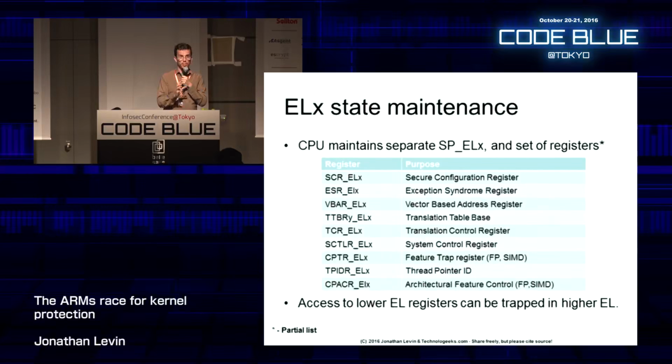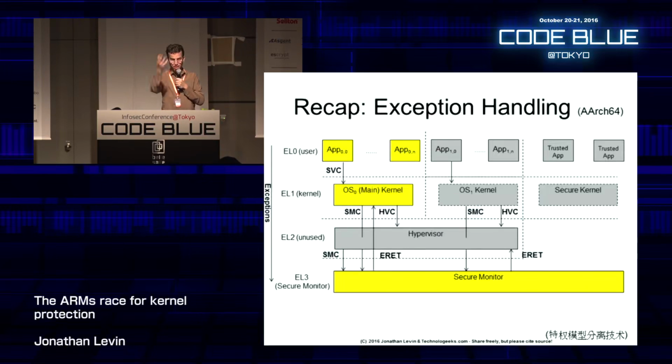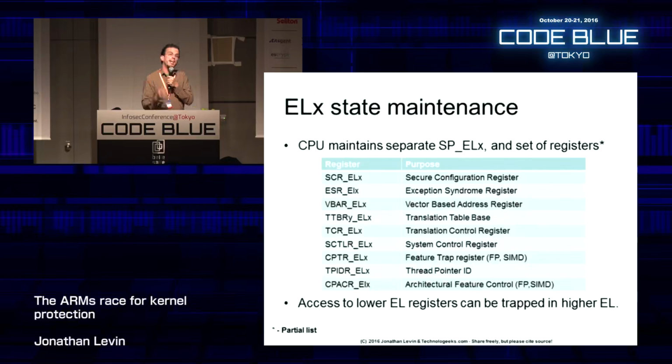And so the CPU in ARM maintains an entire set of special registers, of which this is only a partial list, but you can see here that they're all SCR_ or ESR_ELx. The x stands again for 0, 1, 2, and 3, as per the illustration over here. And this actually enables us to maintain a separate state for every exception level.